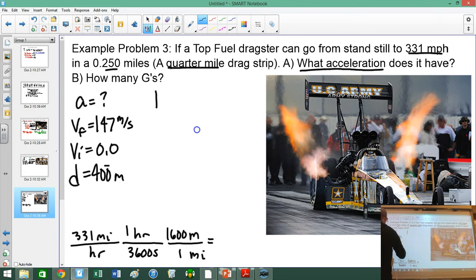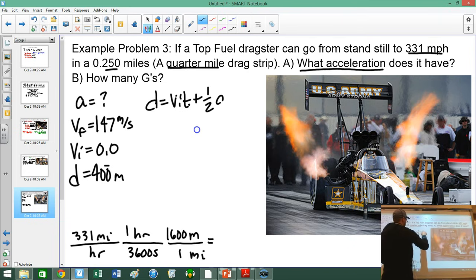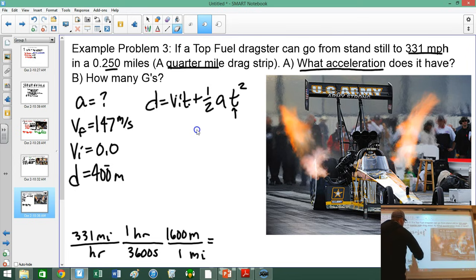D equals VIT plus 1/2 AT squared. I think. No. I don't have time, so I know that this is not the correct one because I don't have time.